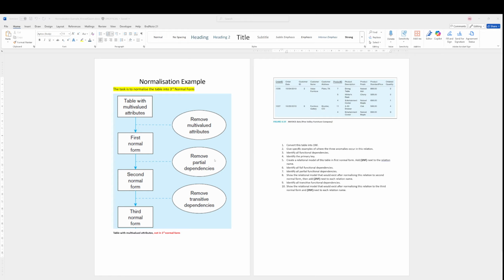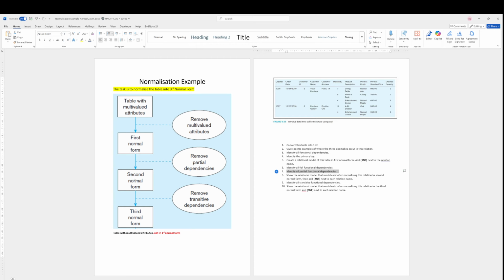But in order to remove the partial dependency, we need to firstly identify the functional dependency, identify what the primary keys are, and then identify the full functional dependency and what the partial functional dependency is.